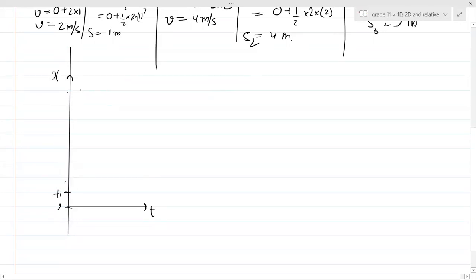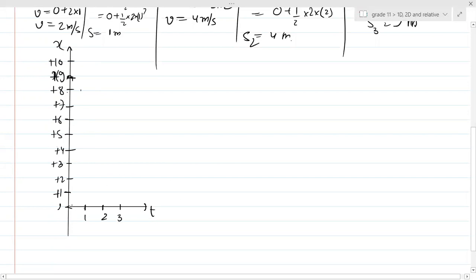So plus 1, plus 2, plus 3, plus 4, plus 5, plus 6, plus 7, plus 8, plus 9, plus 10, and x. Is this clear? And here it will be 1, 2, 3, and so on.